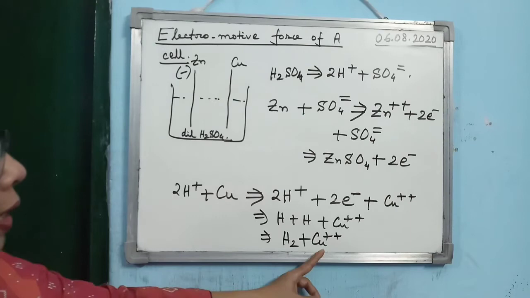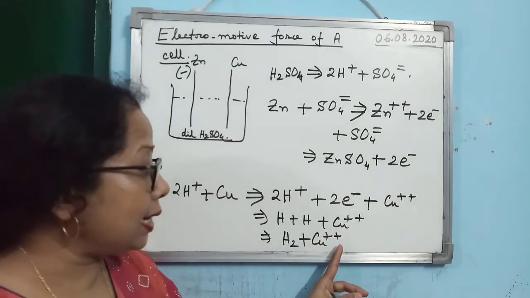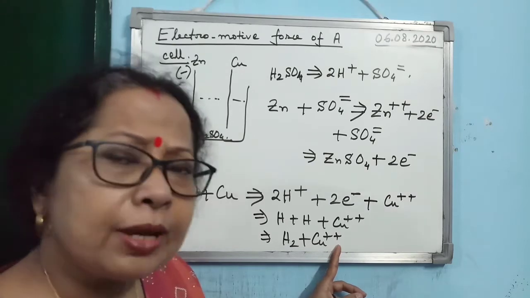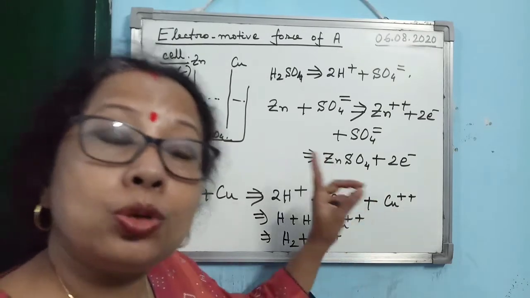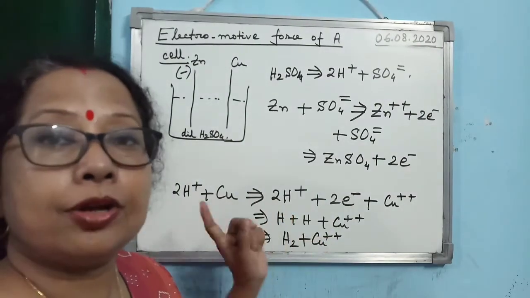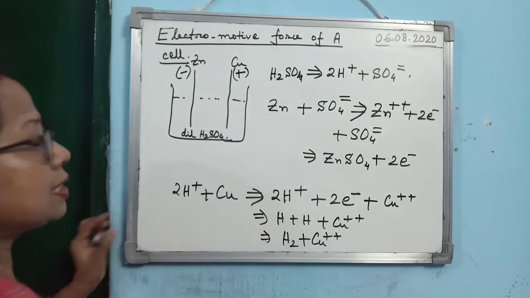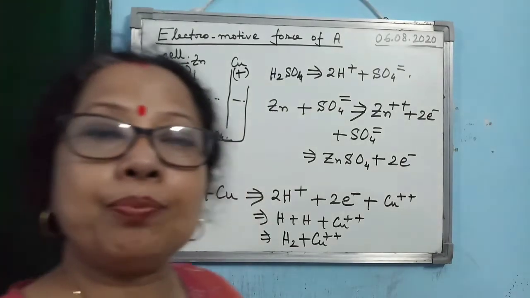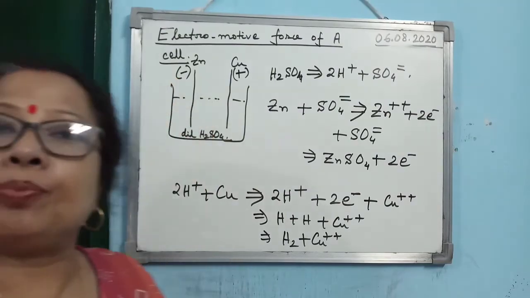But you see here, what is happening to the copper plate? Copper is gaining positive potential. Why positive potential? Because it loses electrons to the hydrogen ion. So copper is having positive potential, and zinc is having negative potential.